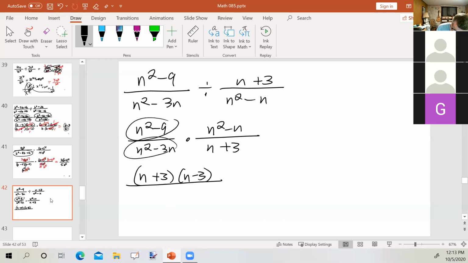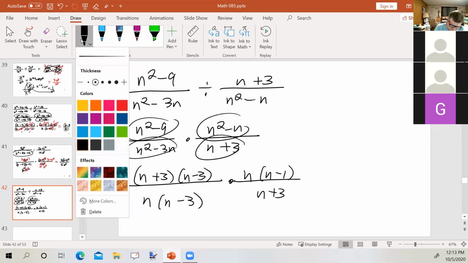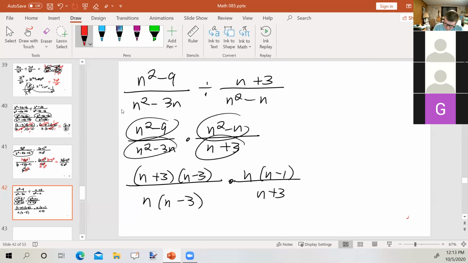That's that. This would be n times n minus 3. This would just be n plus 3, and that would be n times n minus 1. Let's see. Those will reduce down to 1 over 1. Those will reduce down to 1 over 1. Those will reduce down to 1 over 1, and I've got n minus 1. All righty.